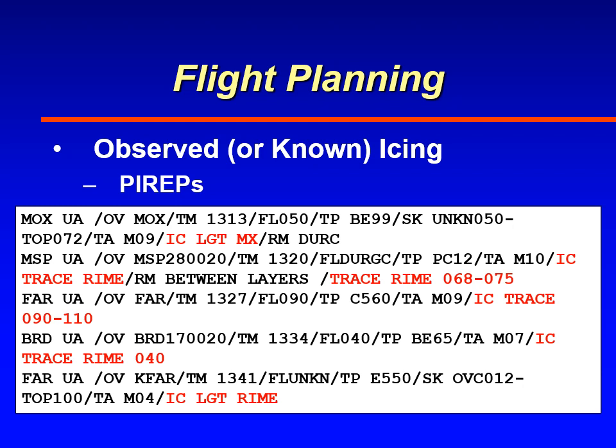It just means that perhaps no pilot made a report in that area. So pilot reports are invaluable, whether they are in the textual format as you see here, or in a chart format where you can see the geographical distribution of known icing.